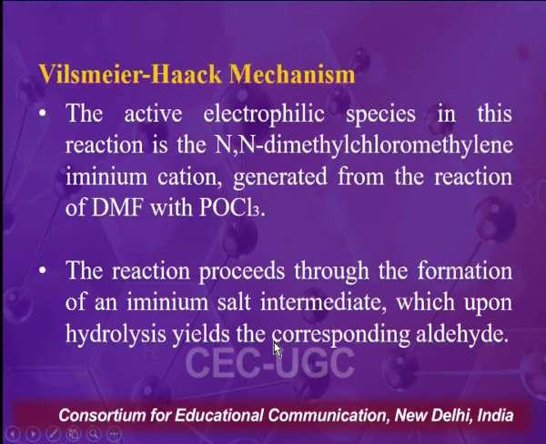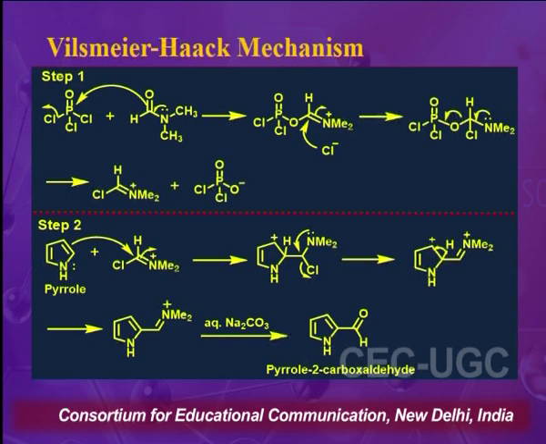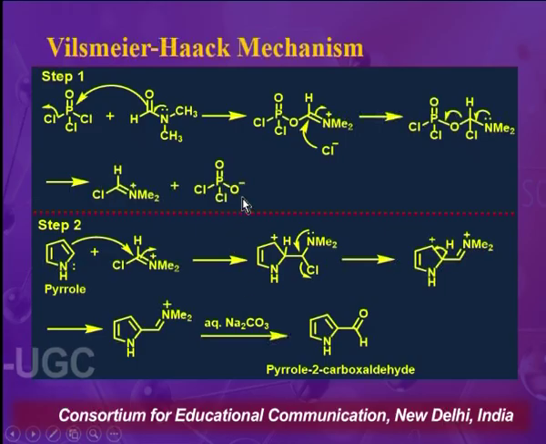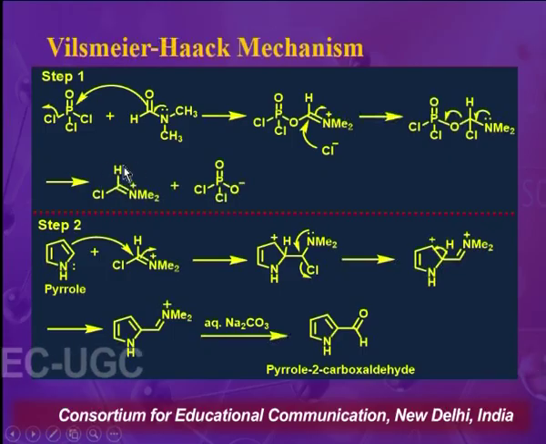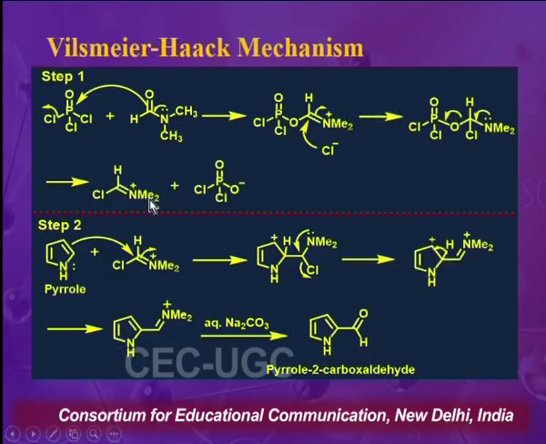So the mechanism, as I told you, takes place in two steps. In the first step, we generate the electrophile, the N,N-dimethyl chloromethylene iminium cation.